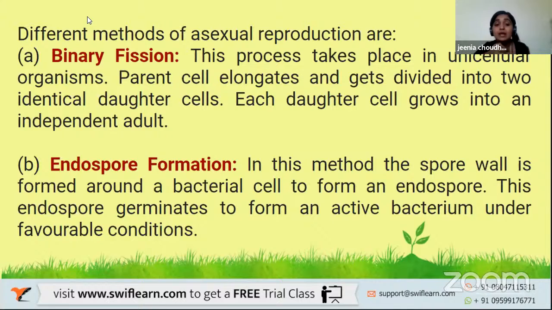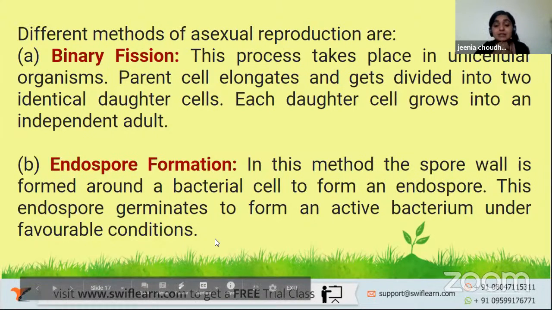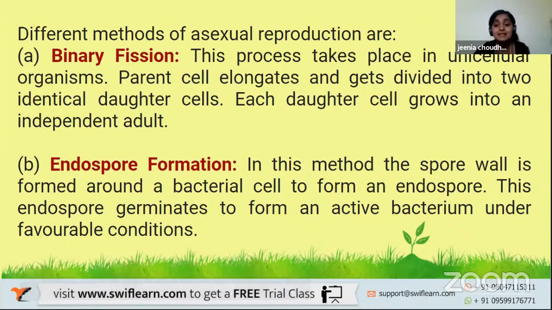Now, moving to endospore formation. What exactly is endospore formation? In this method, a spore wall is formed around a bacterial cell to form an endospore. This endospore germinates to form an active bacterium under favorable conditions. What can be the favorable conditions?